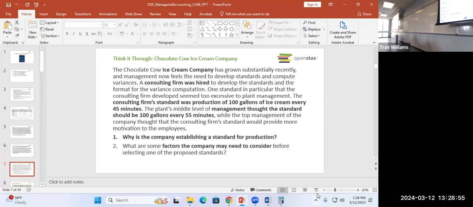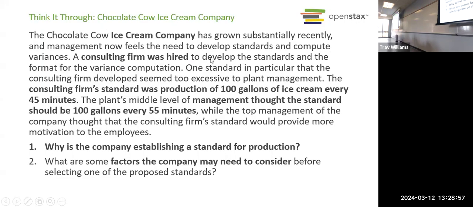Oh, yeah. All right, so you work for this ice cream company. And the ice cream company brought in a consulting firm. Oftentimes companies will use consultants to help them figure things out. And they're trying to figure out what should be the right amount of production.